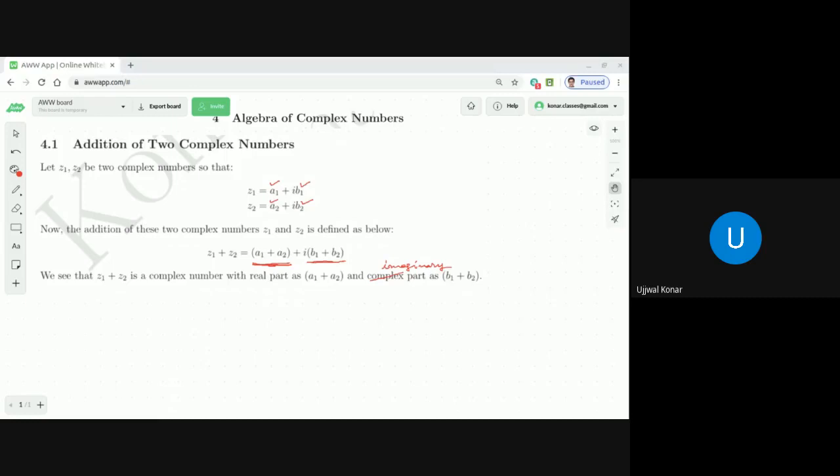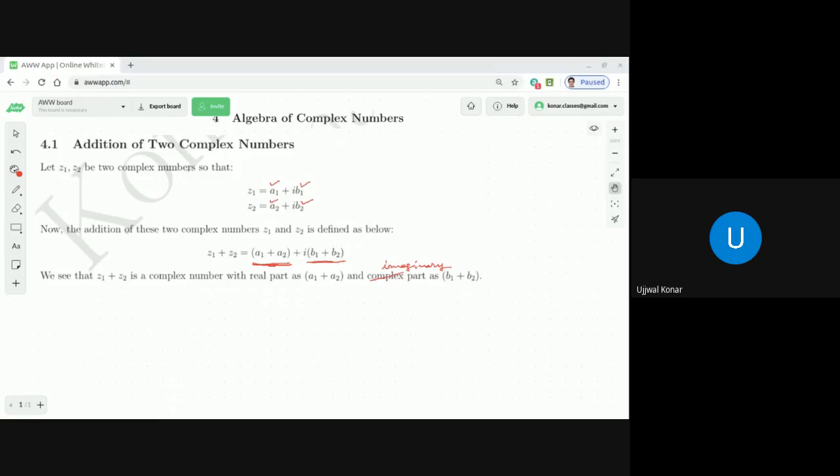Now, we are going to discuss the difference of two complex numbers. Dear students, the fundamental thing is that we are going to discuss Z1 minus Z2.